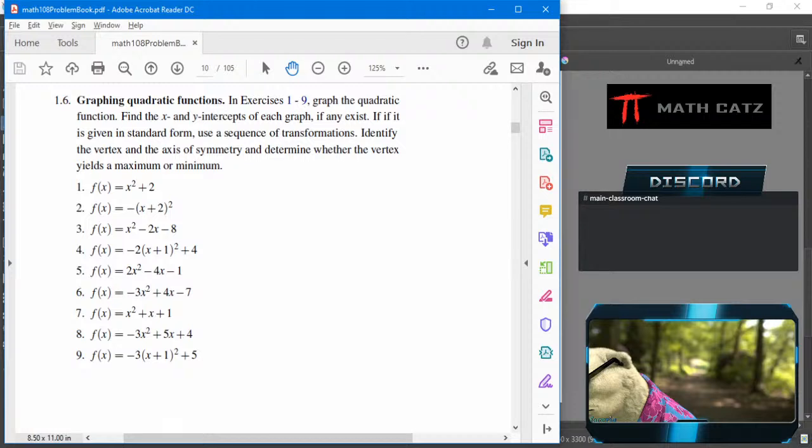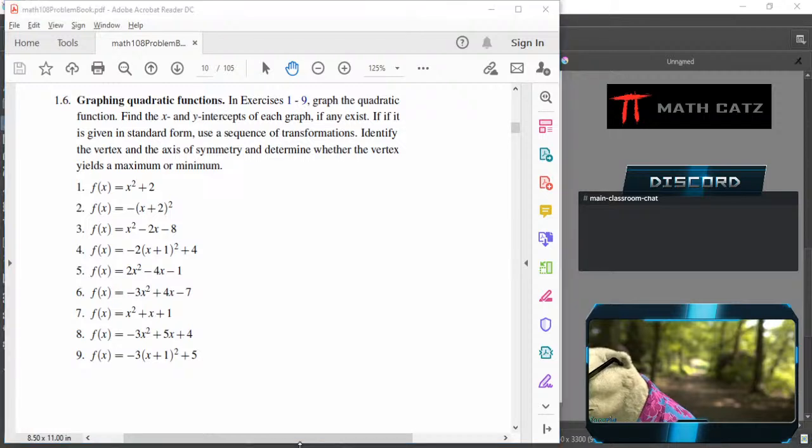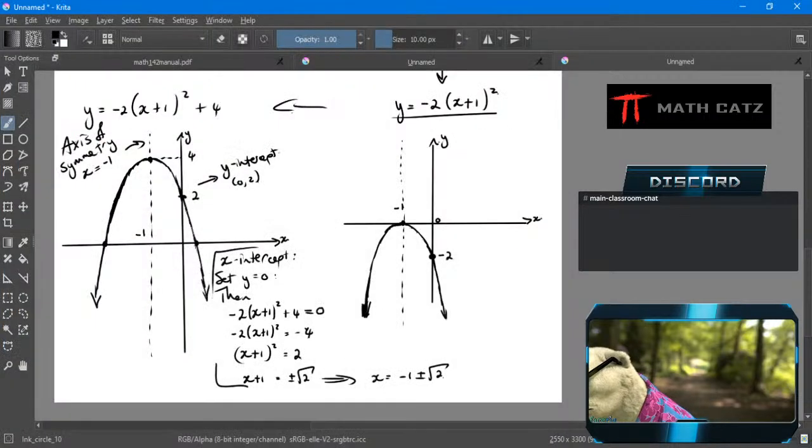What else do we have here? Is the vertex yielding a maximum or a minimum? Clearly, the vertex is the point (-1, 4), and it yields a maximum because it's the highest y value that I can get.